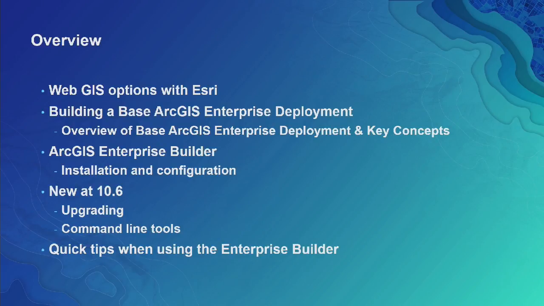We're going to talk about the installation and configuration of that and do some demos. Then we're going to talk about what's new at ArcGIS Enterprise 10.6 in relation to the ArcGIS Enterprise Builder, showing the upgrade and command line tools that are implemented there. And next, we're going to wrap up with some quick tips that you can take away from this session when you're using ArcGIS Enterprise, specifically the Builder.